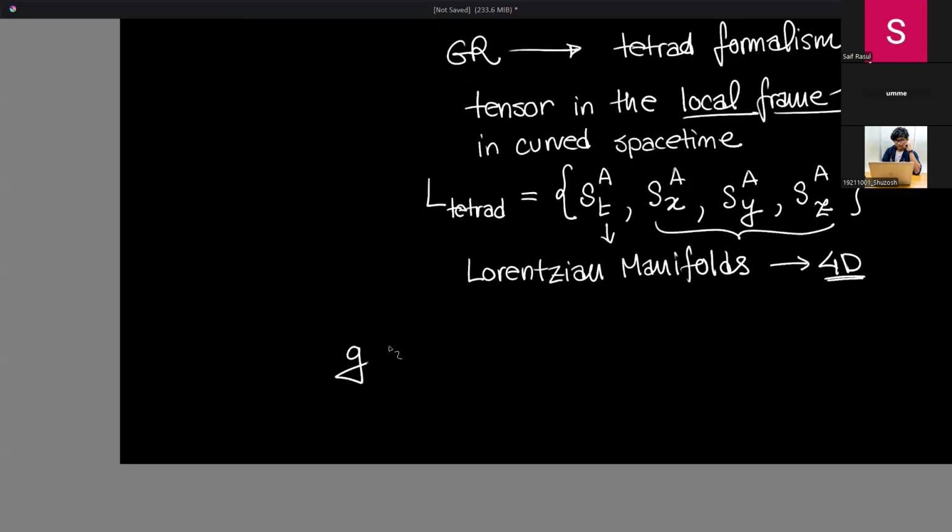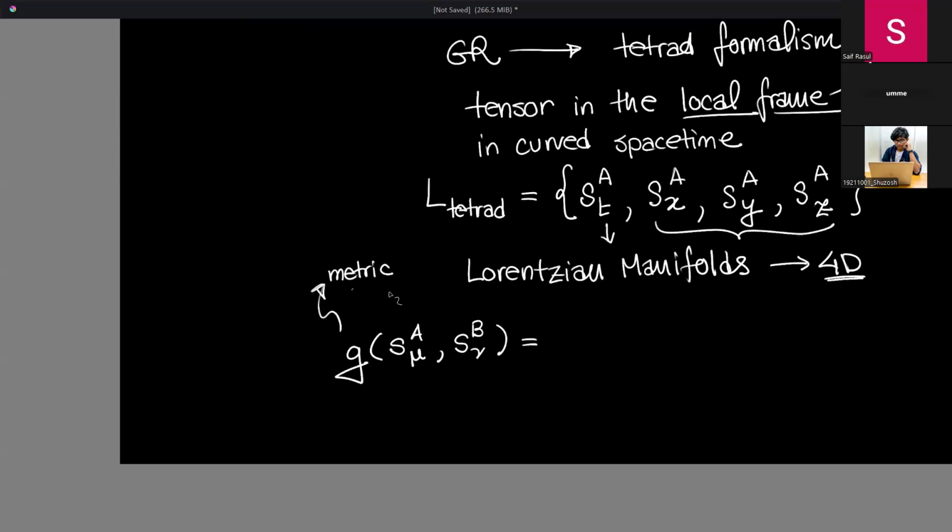A lot of these symbols that I'm going to write now are going to make more sense later on in the course. But for people who are already familiar with the tetrad formalism, sorry, I wrote E in the notes, I'm trying to switch that out. This will be maybe a bridge to understand where this is coming from. So this is called the metric tensor.